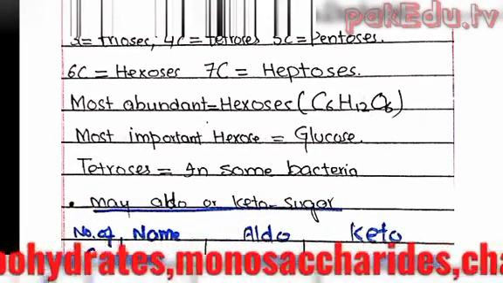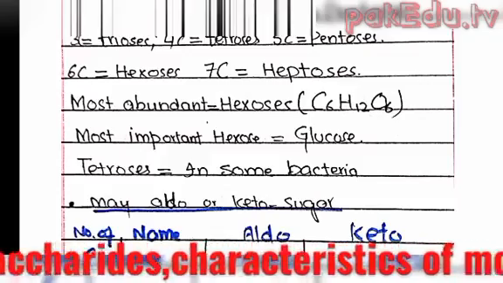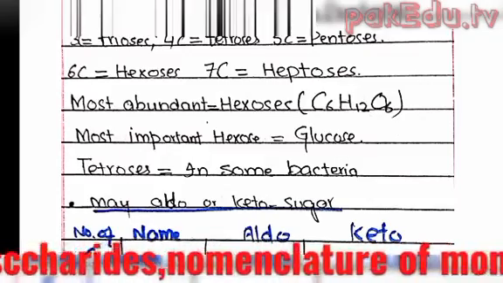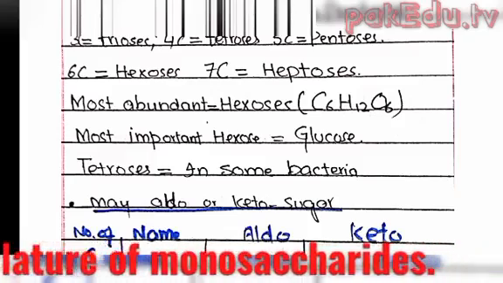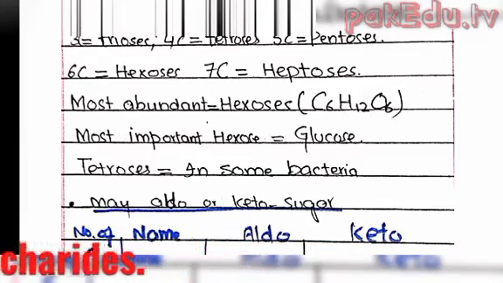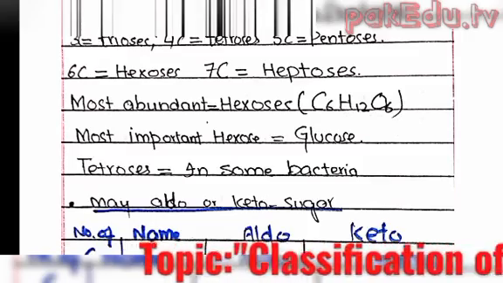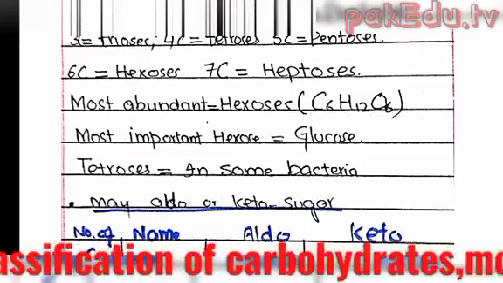If we discuss tetroses, these are rare ones. These are in rare quantity, and these are found in some bacteria. This is also a point that must be remembered.